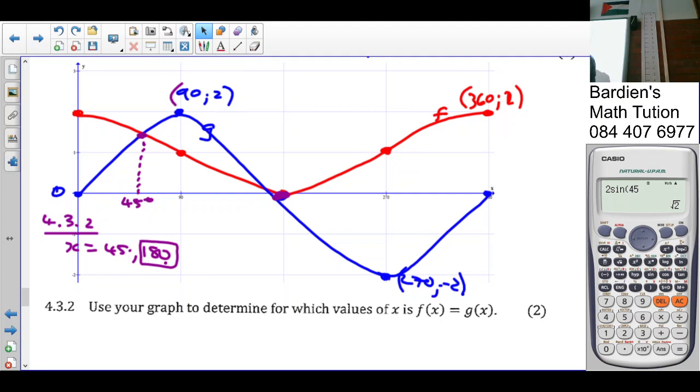The other one is going to be cos 45 plus 1, which is 1.707, and the root 2 is not that.